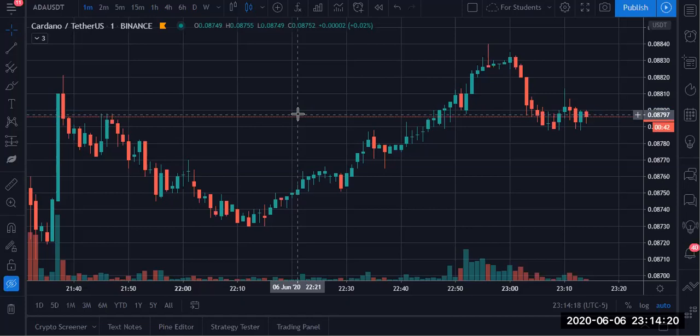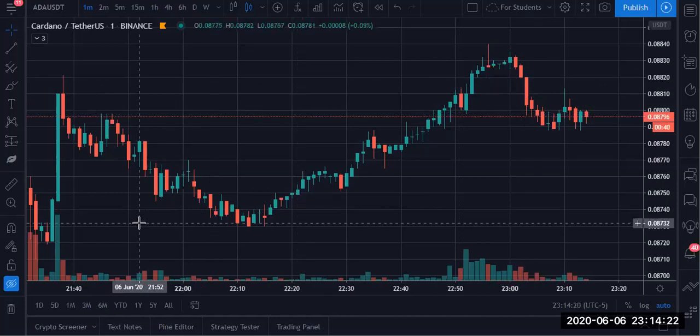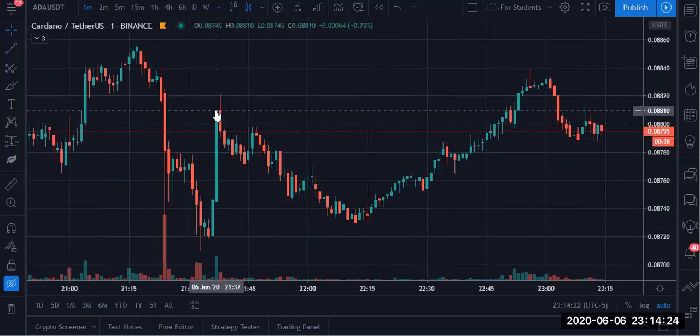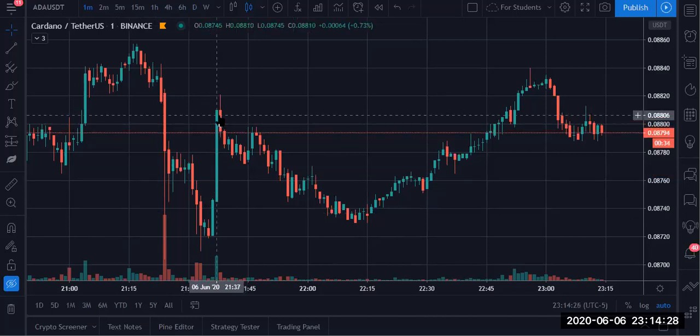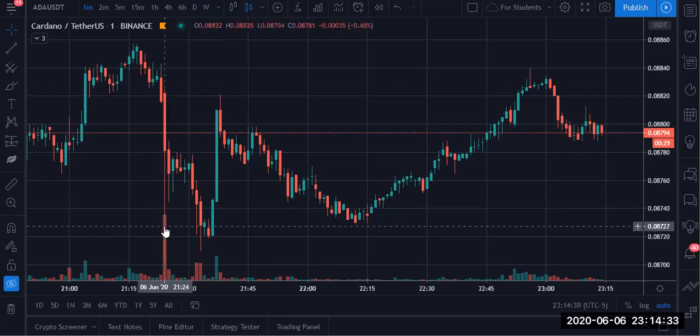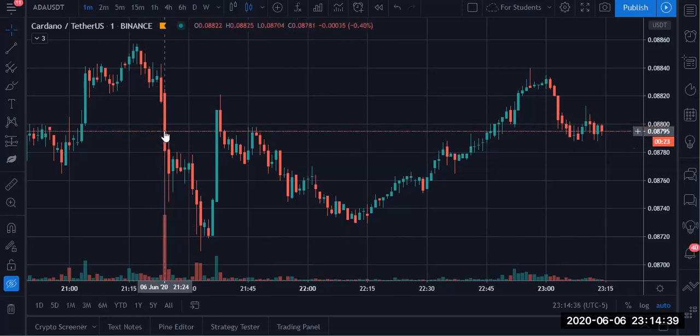Because within crypto, sometimes these things pop up so quickly that it does not even allow you to get your stop loss in. Like this popped up, it was instant. This was an instant dump right here. It would have triggered your stop loss. You would have sold down here, and you really wanted to get that, but maybe it was a stop limit instead of a stop market, which would fill wherever it gets you.